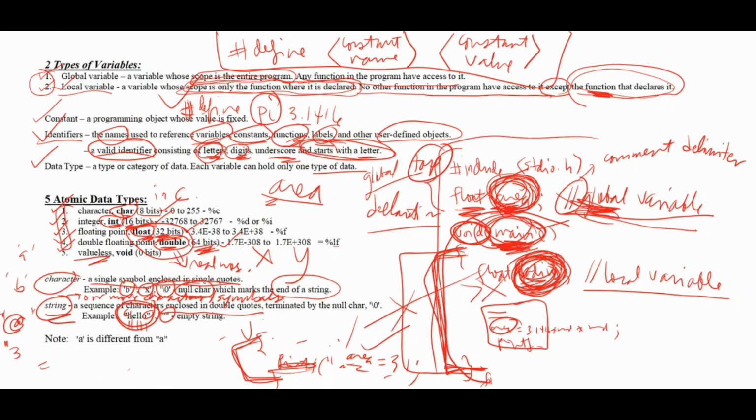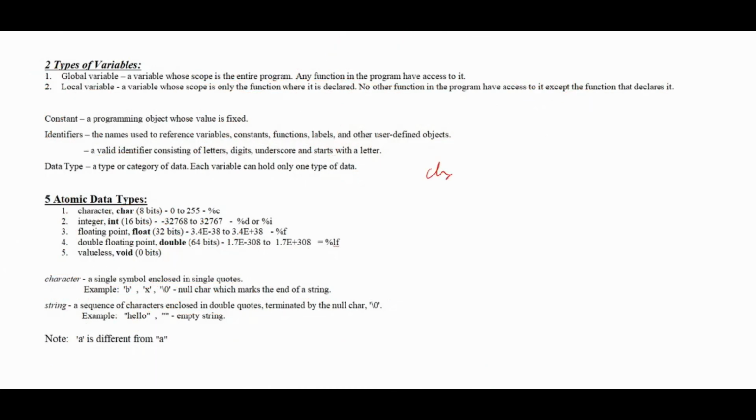Now, what is the difference between this and this? This is a character, right? And this one is a string. So again, characters are those with one symbol enclosed by single quotes.